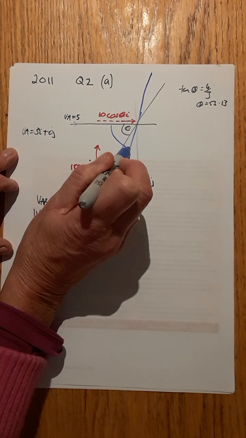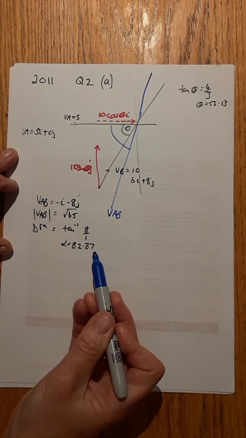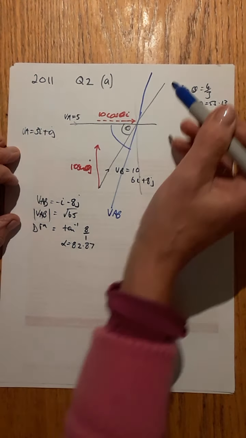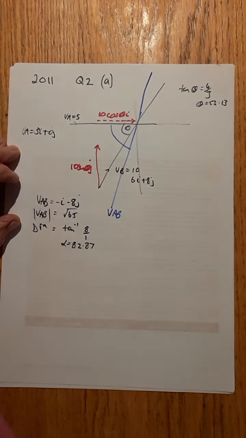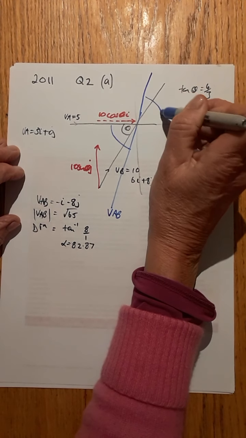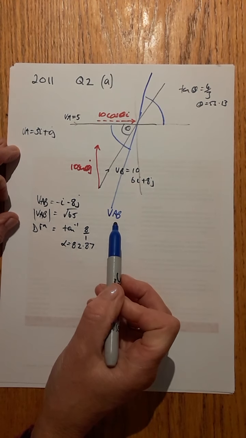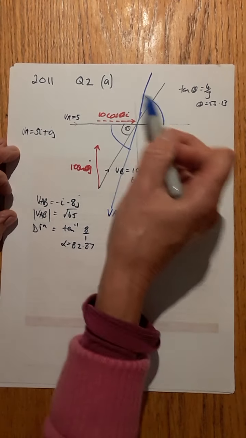This angle here is 82.87, which means that if I just extend this axis over that side, this angle over here is also the same, 82.87.